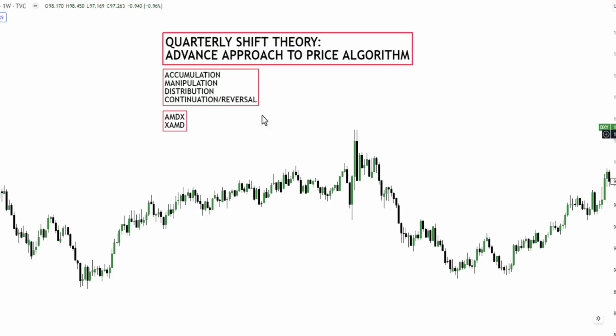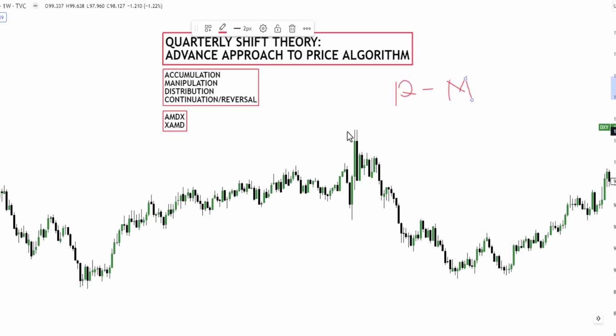From the word quarterly shift theory, in a year we have basically 12 months, right? In a calendar of the year we have 12 months. So we're going to break this into fractals. Now price behaves in fractals. What that means is that what is happening in a yearly time frame can be seen in a monthly time frame, and it can be seen in a weekly time frame.